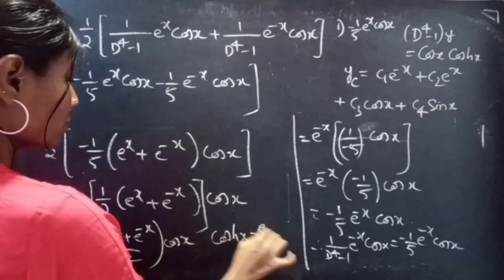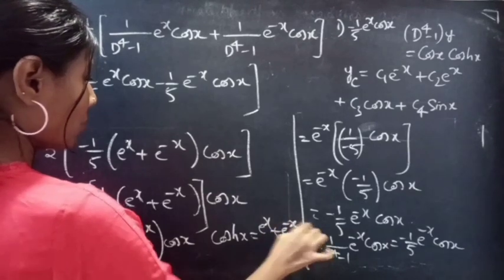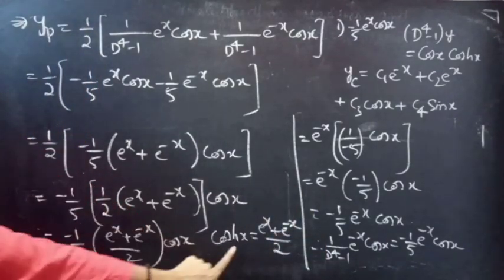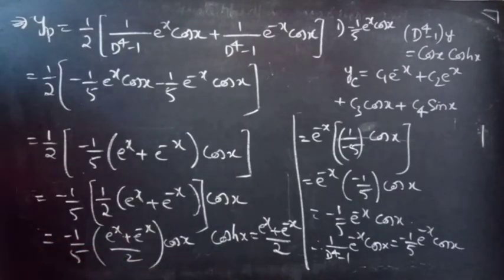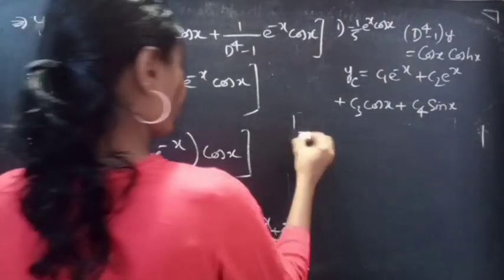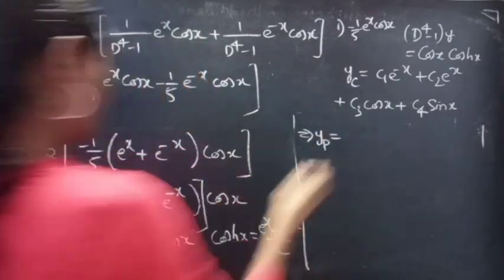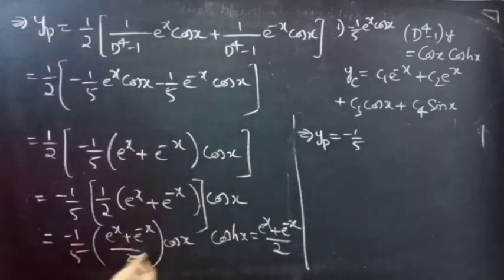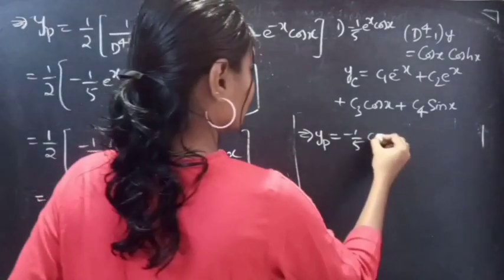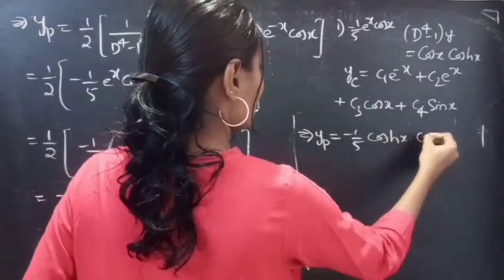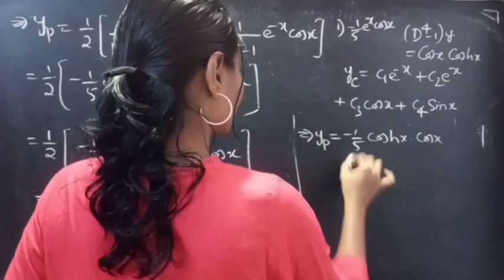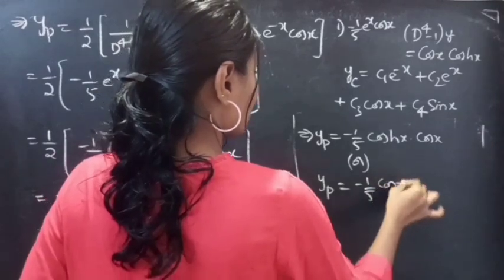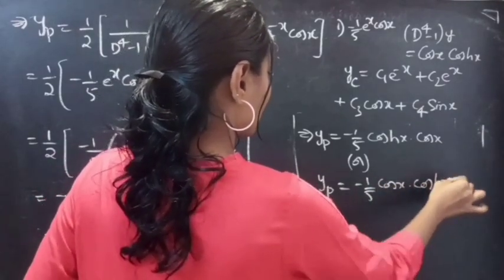So now let's replace this term with cos hx. Then yp becomes minus 1 by 5 into cos hx into cos x, or yp equals minus 1 by 5 into cos x into cos hx.